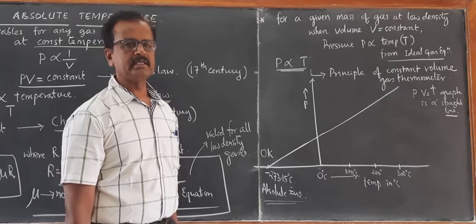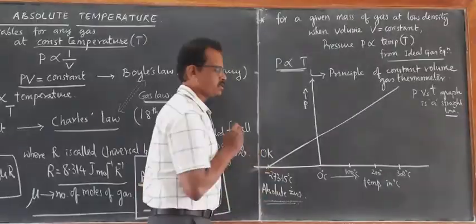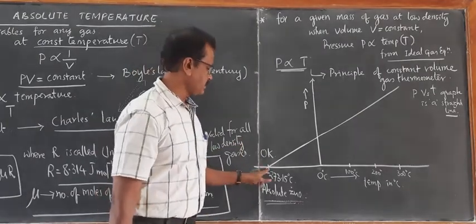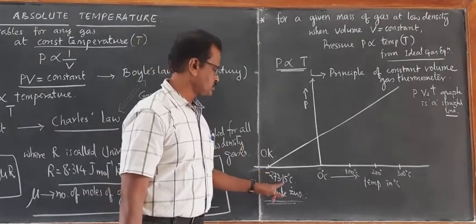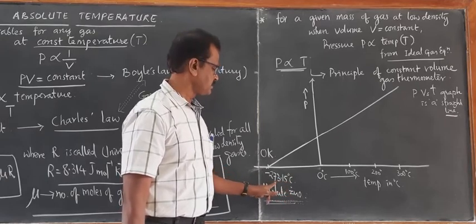It is called the Kelvin scale after his name. So absolute zero is 0 Kelvin. Absolute zero is that temperature which is equal to minus 273.15 degrees Celsius.